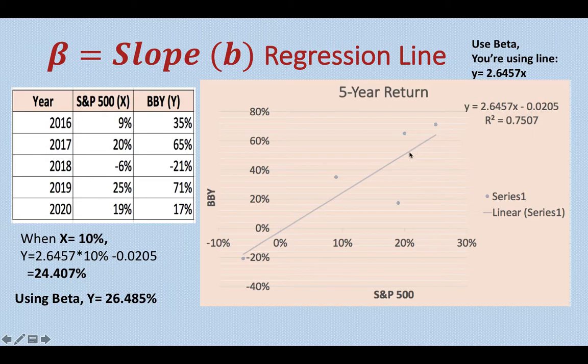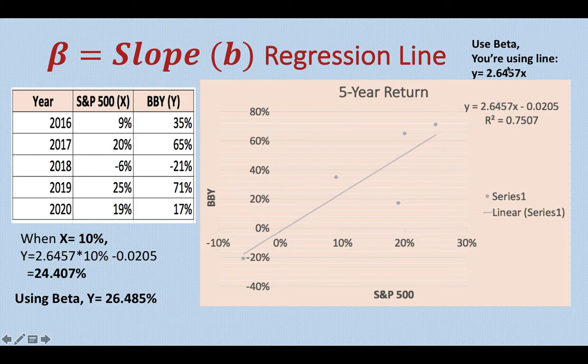So if we say the S&P 500 gets a 10% return, we just plug the 10% into the equation, and Best Buy will get a 24.407% return. However, before when we used beta, we got 26.45%. So this is a little off.